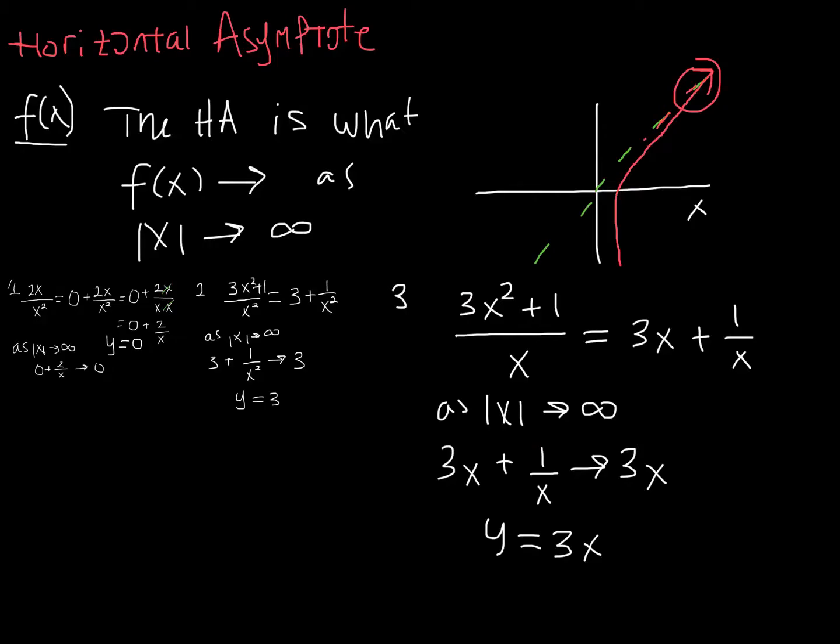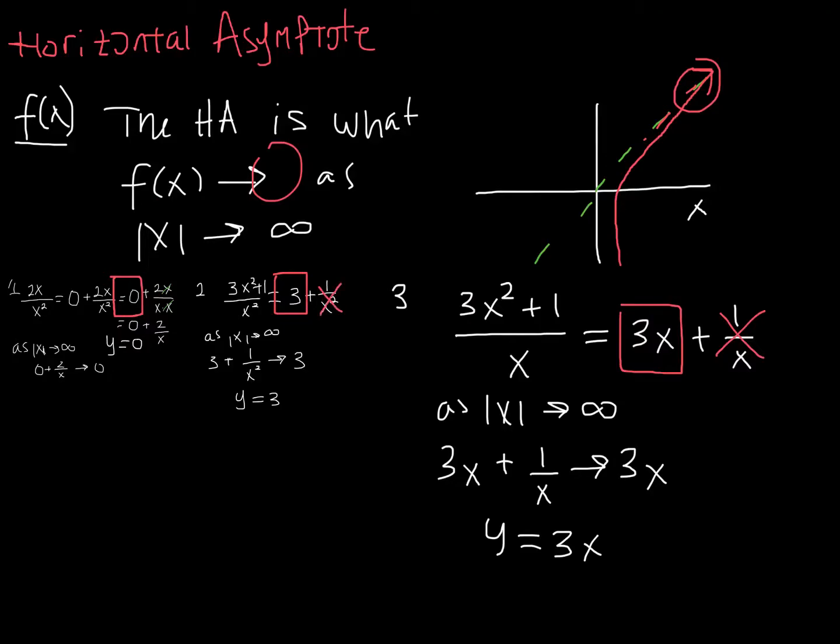So to sum this up, the horizontal asymptote, which is just what my function is approaching as x approaches positive or negative infinity, can be found sometimes much more helpfully by doing the long division. And we know that whenever we do the long division, whatever the quotient is ends up being our horizontal asymptote, because every time the remainder portion is going to approach 0 as x approaches infinity.